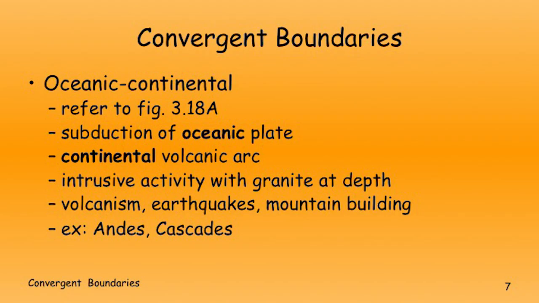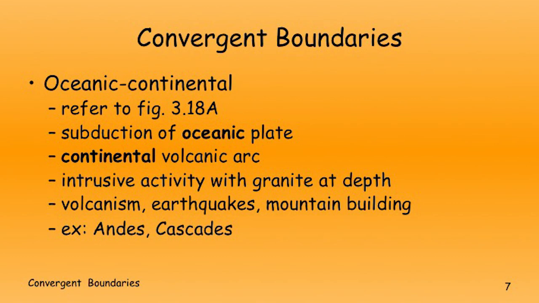So on the next slide, we're summarizing the characteristics of oceanic-continental convergence. So the oceanic plate is the one that subducts. You form a continental volcanic arc, so that's a chain of mountains on the continent with volcanoes at the top. You have volcanoes at the surface, but you also have intrusive activity, meaning formation of rocks that formed by the cooling of magma at depth.